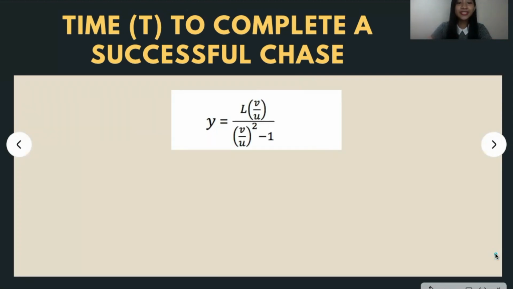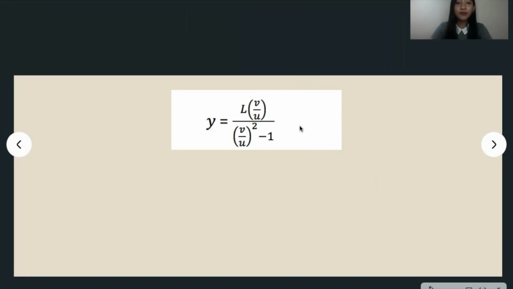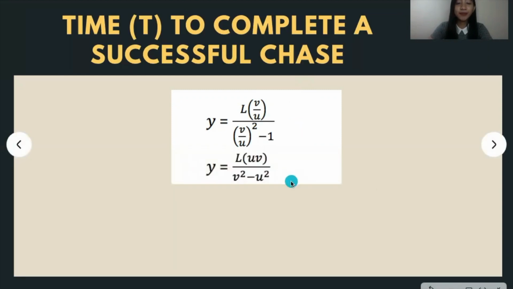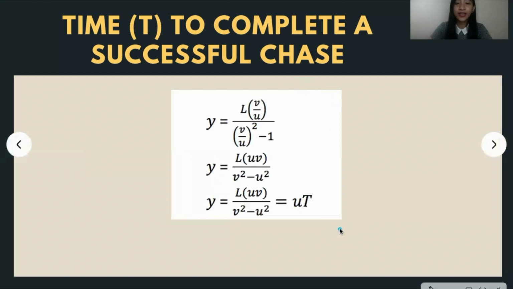From the initial condition that I said we need to remember, which is K is equal to v over u, we just need to substitute it into this equation, and then we will be getting this. Simplifying, we will be getting this equation, and then y is equal to L uv all over v squared minus u squared.